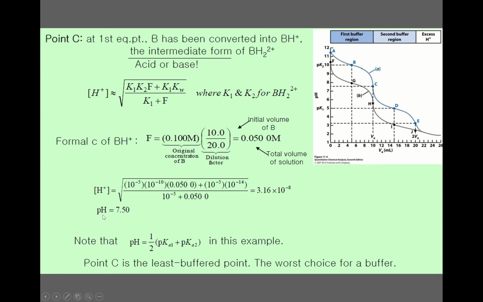So the pH is 7.5 here. That's the pH at the equivalence point.